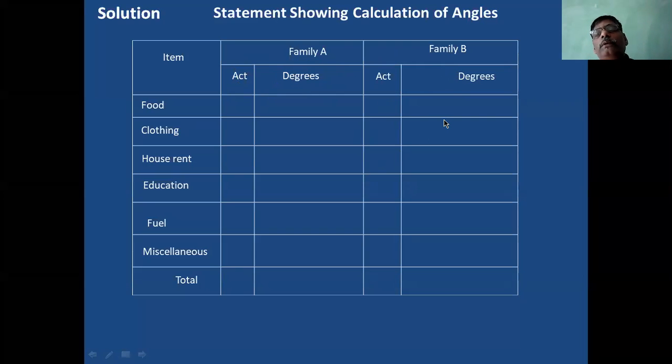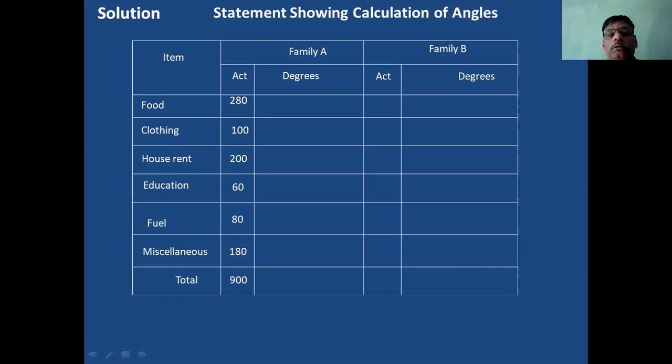If only one set of information is given, then your columns should be item, actual, degree. This is enough. You see the actual 280, it is in the actual column. Then how to calculate the degree?